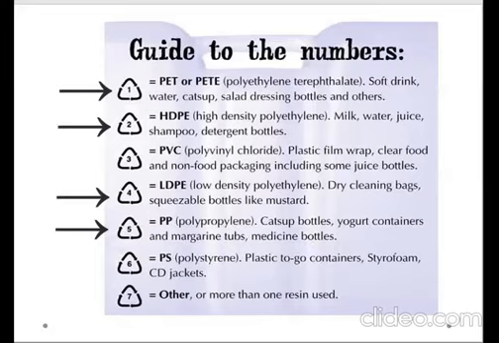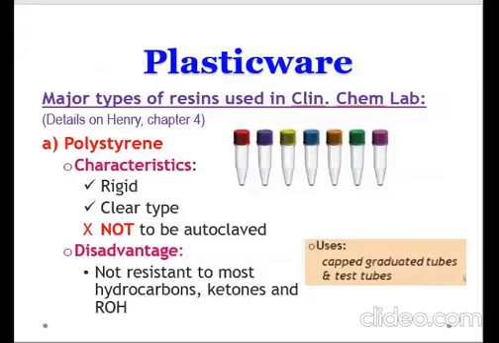Let's begin with polystyrene. Okay? So the characteristics of this type of plastic is that it is rigid, it is clear, and remember po, it should not be autoclaved. I hope you're still familiar with an autoclave. Kasi supposedly na-introduce na ito siya beginning MLS1. Okay?